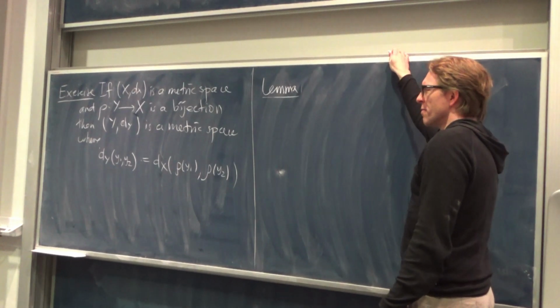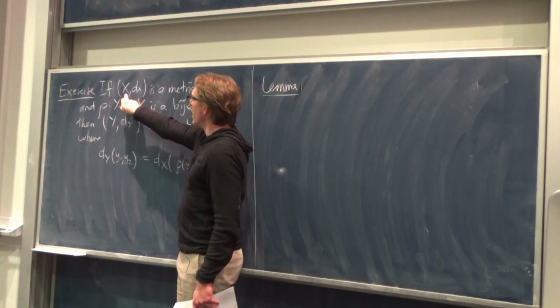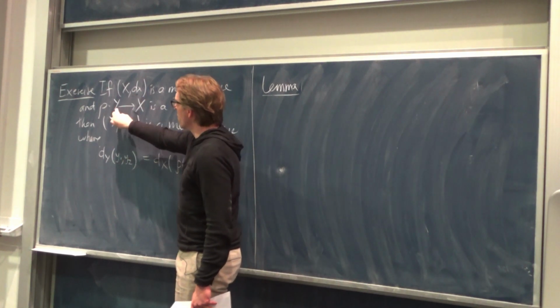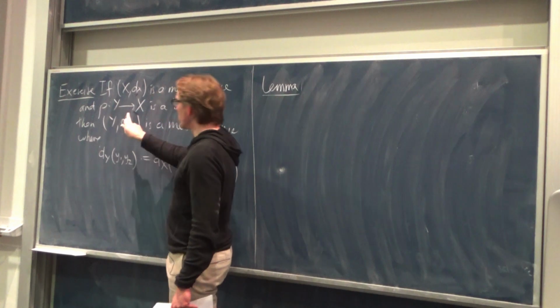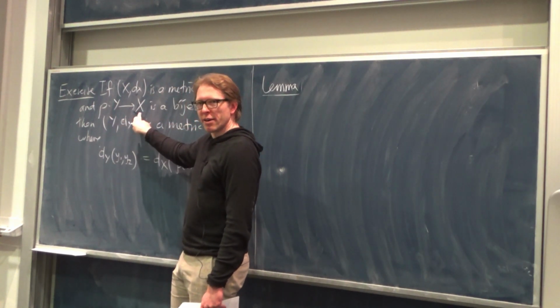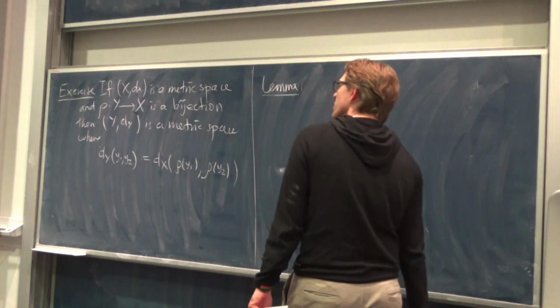Well, what's the point of giving you that exercise? The point is, if I know a metric space, say Rn with d2, and I know a bijection from, say, Rn to itself, then I can induce a new metric. Right? So we're going to play that game and see if we can get anything new.